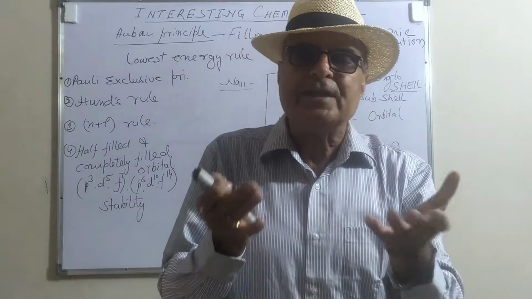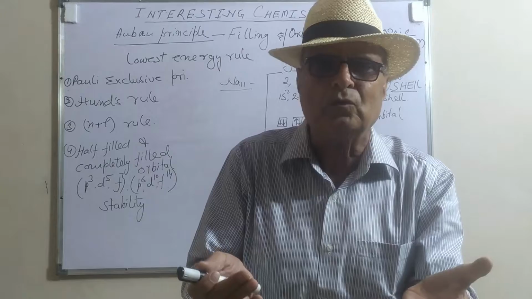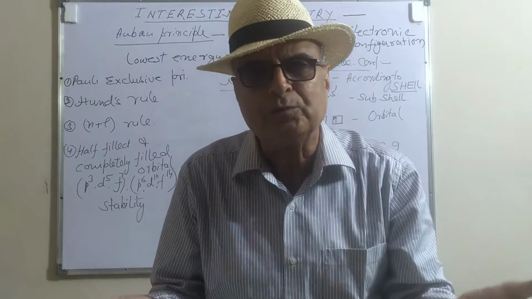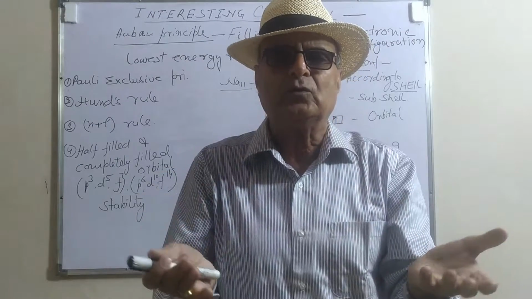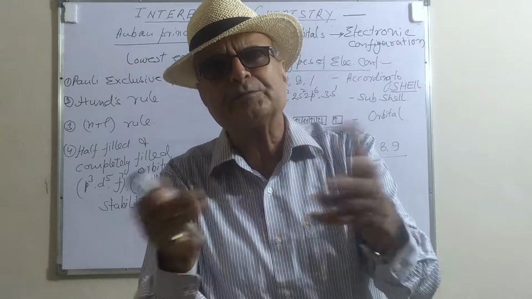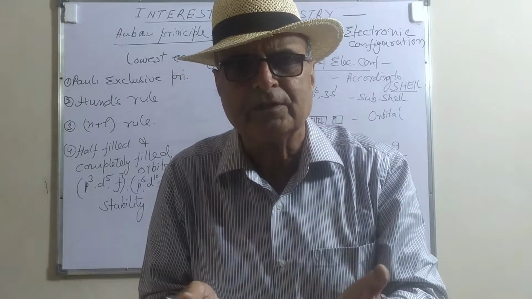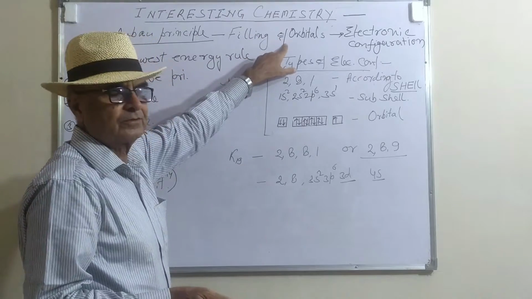Orbital is a place in an atom where the maximum possibility of the electron to be found. That is the orbital. So the newly coming electron will occupy its place in the orbital. So orbitals are filled, or there is filling of the orbitals.